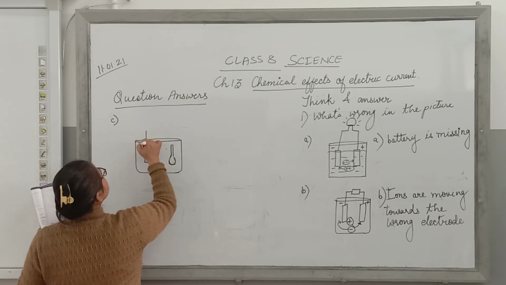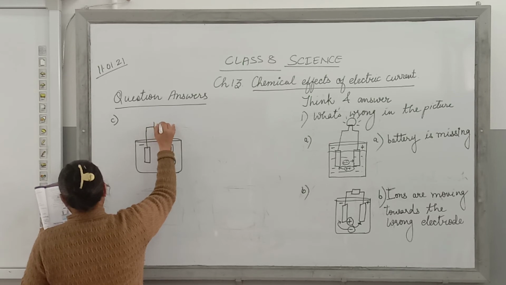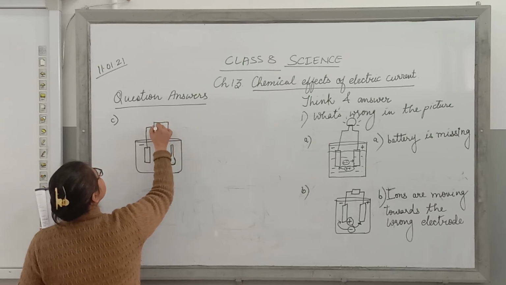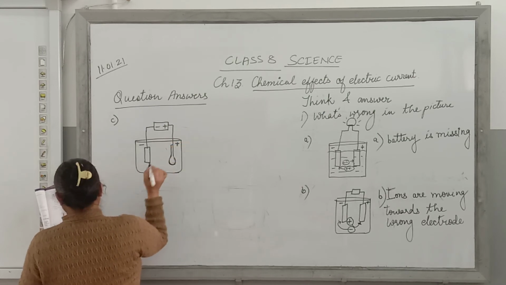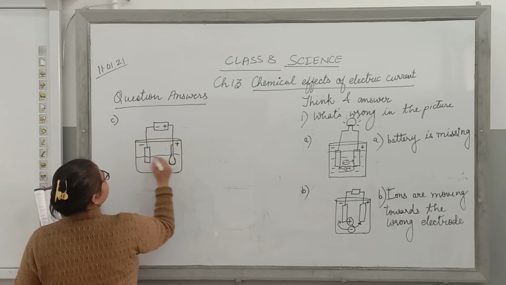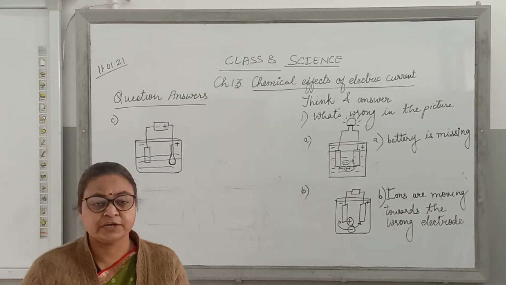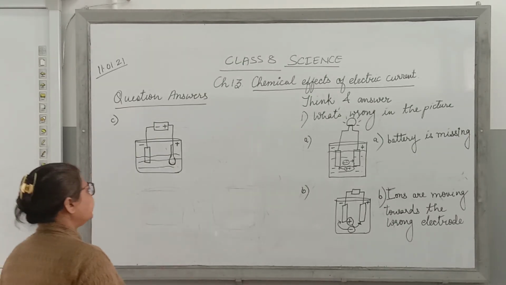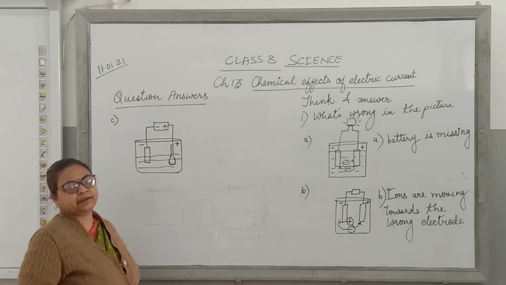Then here it is written negative electrode and there is a battery also, and this is written as positive, and electrolyte is also there. Now observe this picture carefully, children. What is wrong here? There are two electrodes, electrolyte is also there, battery is also there.